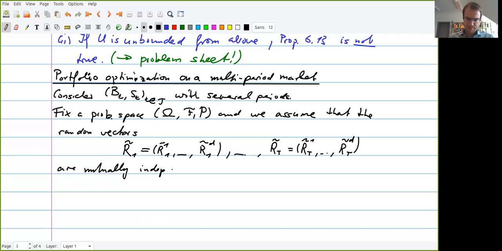And this is not an assumption I just make for fun. This is actually an assumption I will use. So keep this in mind.